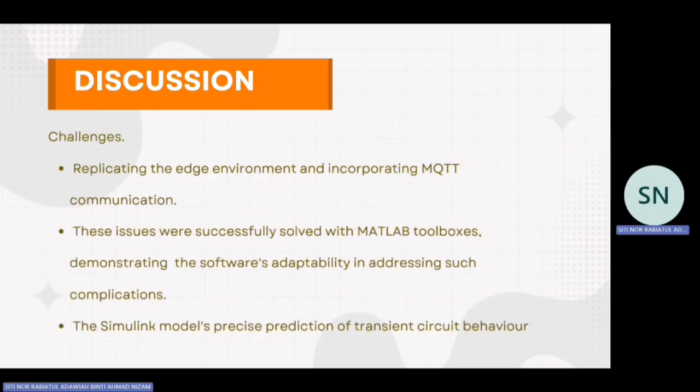We also faced some challenges during our implementation of the project, which were replicating the edge environment and incorporating MQTT communication. The issue was successfully solved with MATLAB's toolboxes, demonstrating the software's adaptability in addressing such complications.